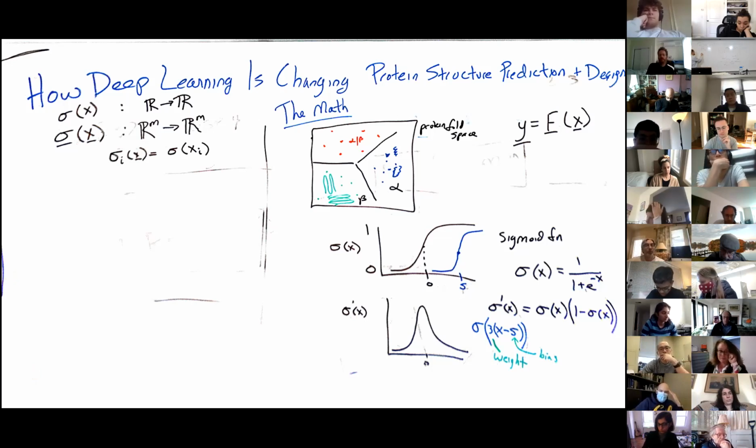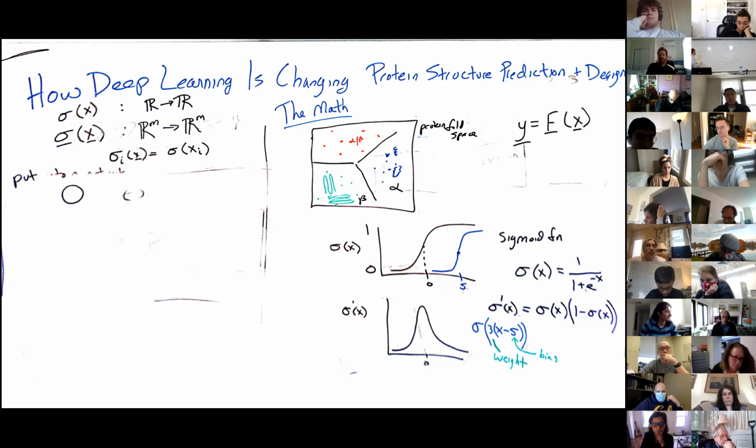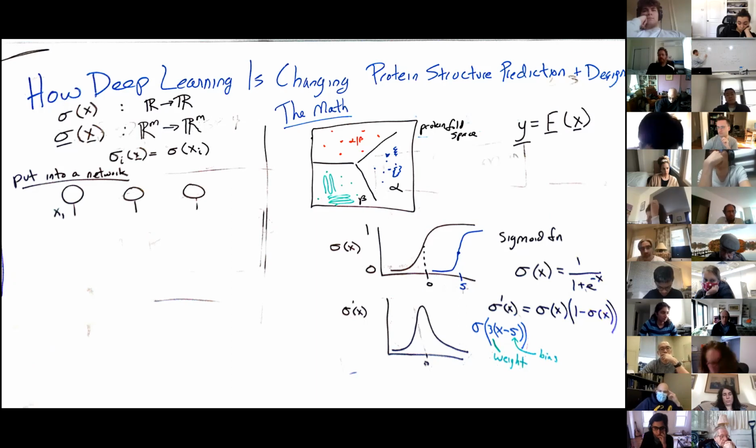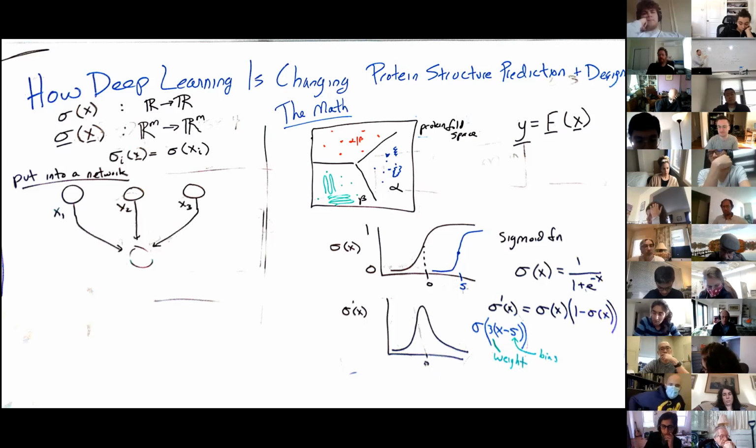Okay, so now I want to combine multiple inputs. Let's put this into a network. Let's say I have 3 inputs and I'm going to draw them as circles. These are those nodes in that neural network. Each one of these has a different input, let's call them x1, x2, x3. I want to feed that into a new node, and what I want to do here is sum these, weight them, and bias them.